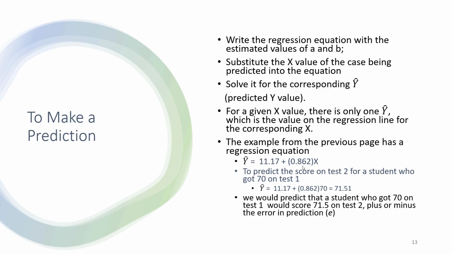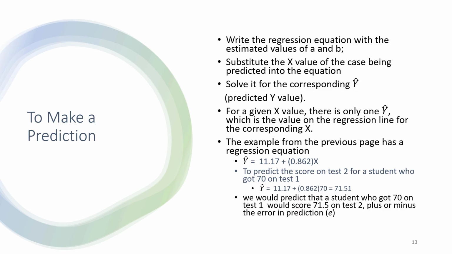Based on the example of the test scores, if a student got 70 on test 1, her predicted score on test 2 would be y hat equals 11.17 plus 0.862 times 70, which gives a predicted score of 71.51. In other words, a student who got 70 on test 1 is predicted to score 71.5 on test 2, plus or minus the error in prediction.